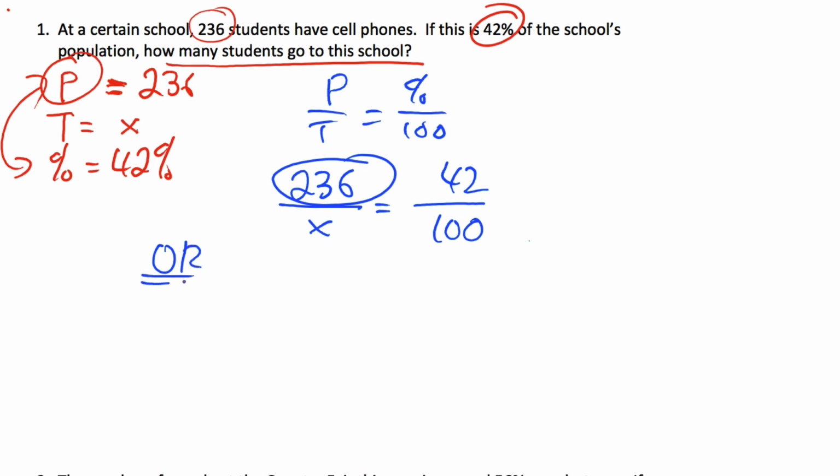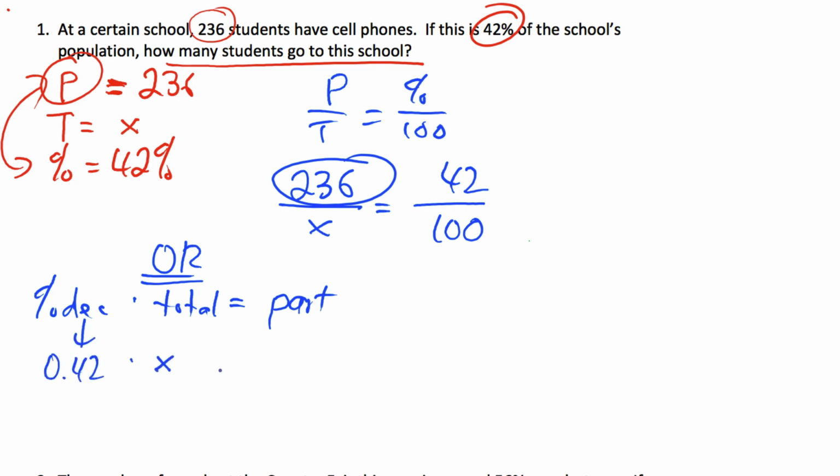Or, if you prefer to use the formula percent as a decimal multiplied by total equals part, then your percent 0.42 multiplied by our total, which is unknown, would equal 236. Either way, you're going to come up with the same answer.